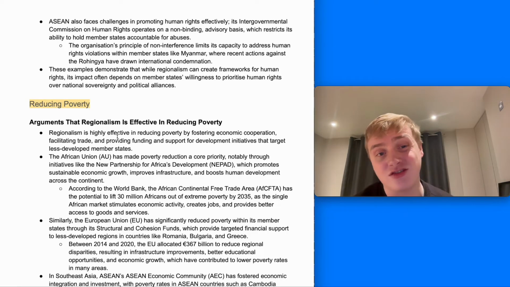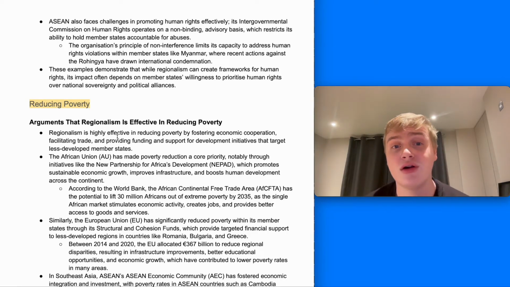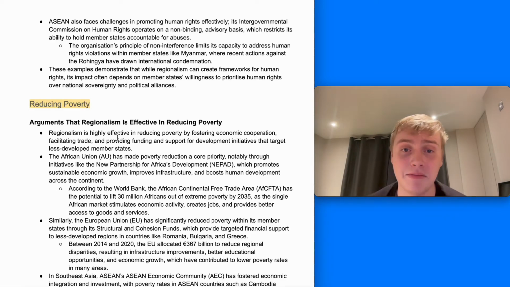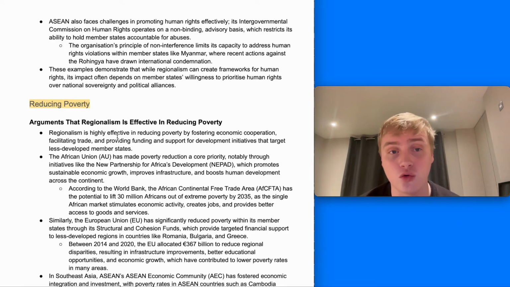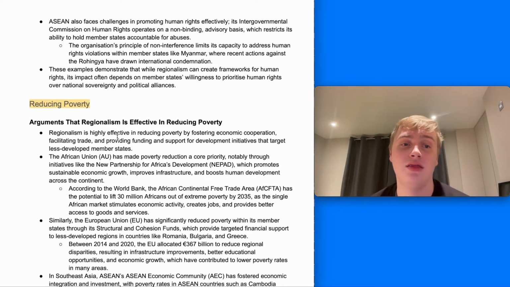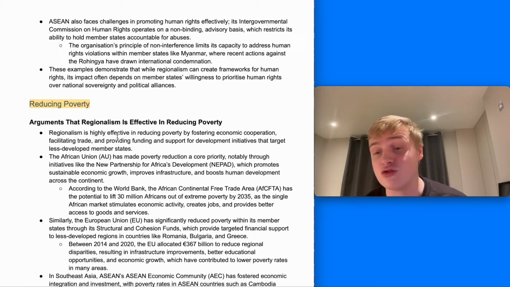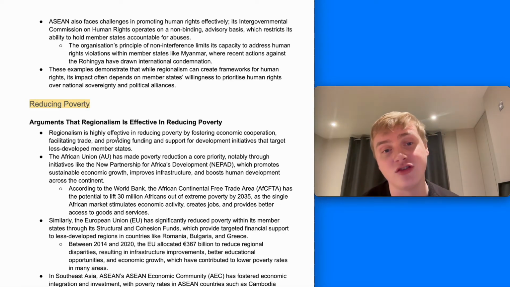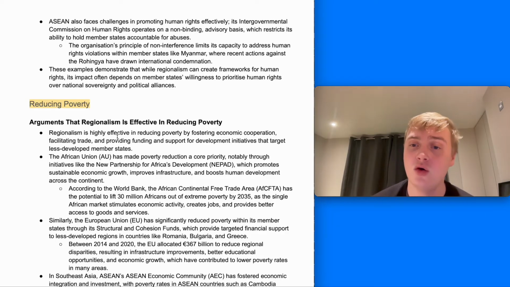The organisation's principle of non-interference really importantly limits its capacity to address human rights violations within member states like Myanmar, where recent actions against the Rohingya have drawn international condemnation, but there has been no kind of peacekeeping force or little action by ASEAN to effectively prevent that kind of Rohingya genocide continuing. So regional organisations may be able to create frameworks for human rights, but their impact often depends on member states' willingness to prioritise human rights over national sovereignty and political alliances, which they often don't.